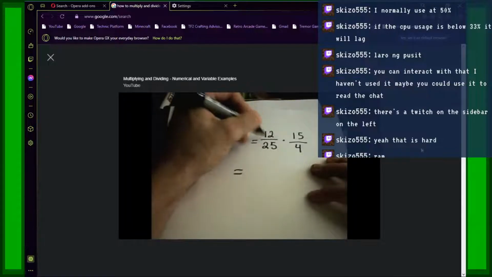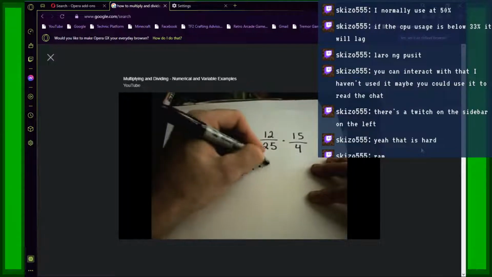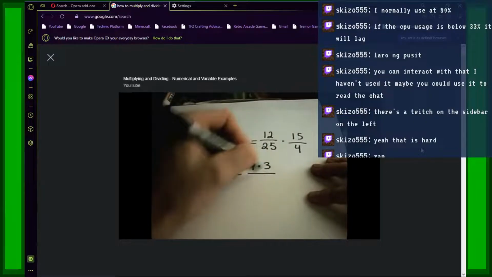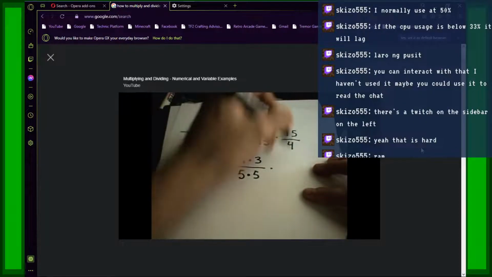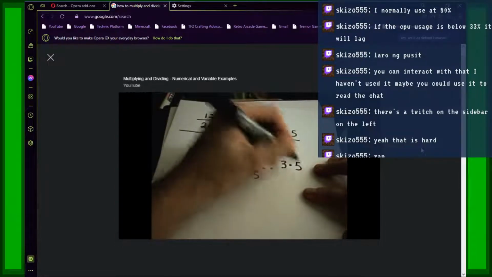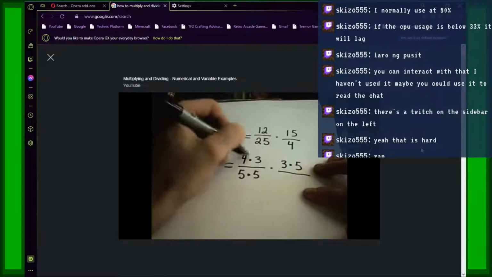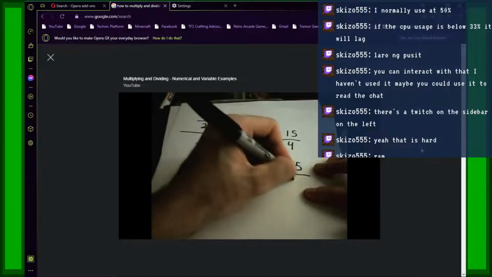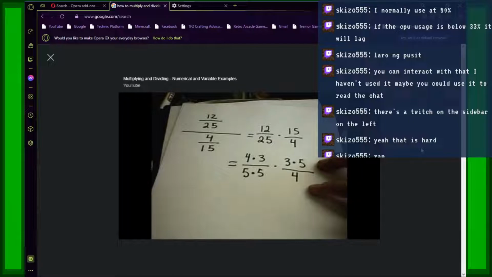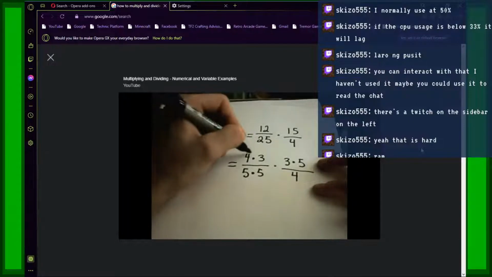So notice I can write 12 as 4 times 3. I can write 25 as 5 times 5. I can write 15 as 3 times 5. And since there's a 4 on top, I could write 4 as 2 times 2, but I'm just going to leave it as 4. And okay, I see a 4 on top.